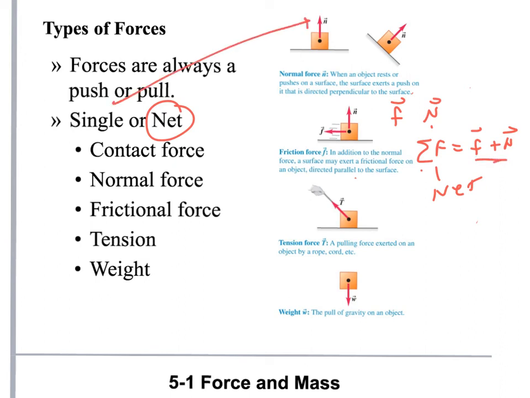But then here you have your single force again. The normal force by definition is always going to be perpendicular to the surface on which the object is resting. So here we have a box resting on a level surface. So the normal is here, and you can draw it from the center of the object, or more realistically, you could put it here, because that way it indicates that the normal force is a support force.